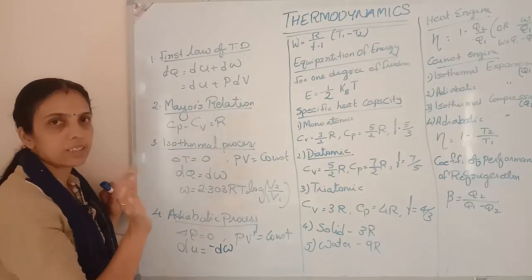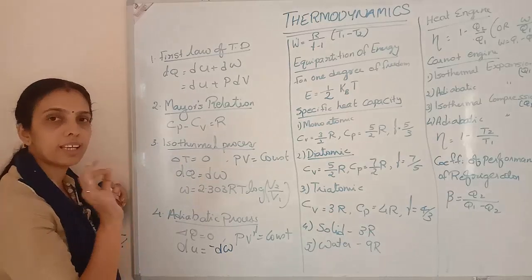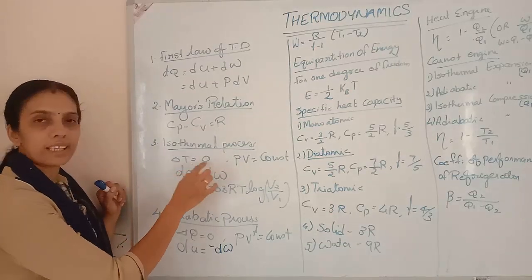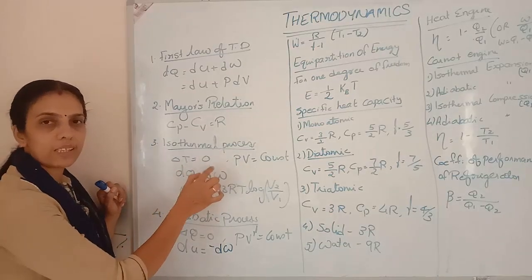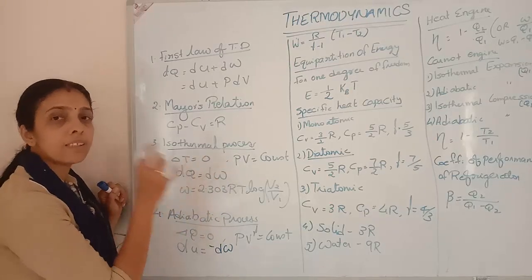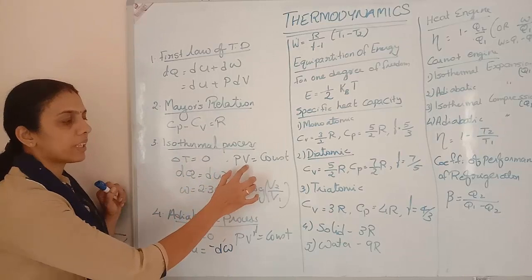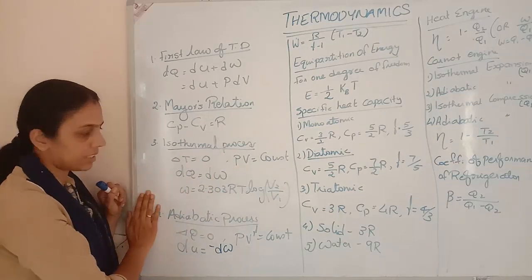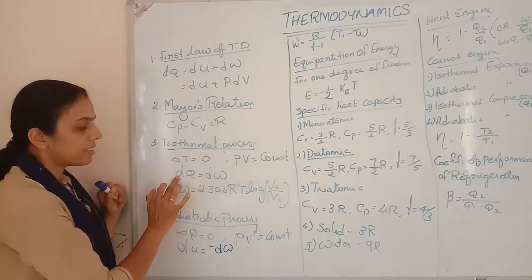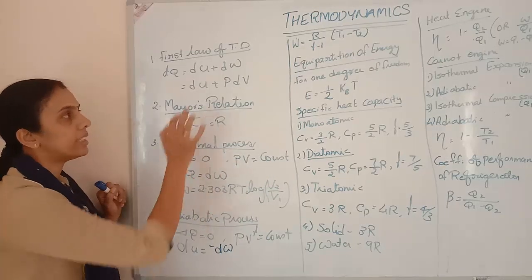Temperature is constant. If temperature is constant, that means delta T, the change in temperature, is equal to 0. That is, temperature remains constant. If temperature is constant, we can say PV equals constant, and dq equals dw.